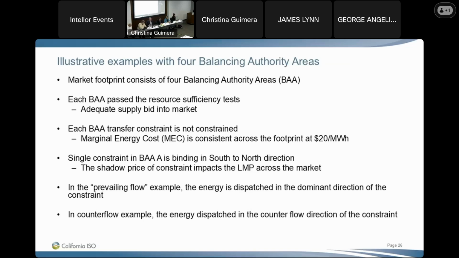But we also have created this counterflow example that has energy in a middle BAA, which is BAC, supplying both in the prevailing direction for BAD, but also in a counterflow direction to serve BAB. Now, in the counterflow example, I know we'll have some discussion about the pricing.